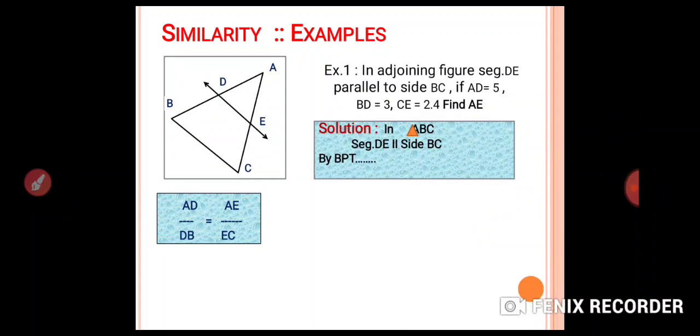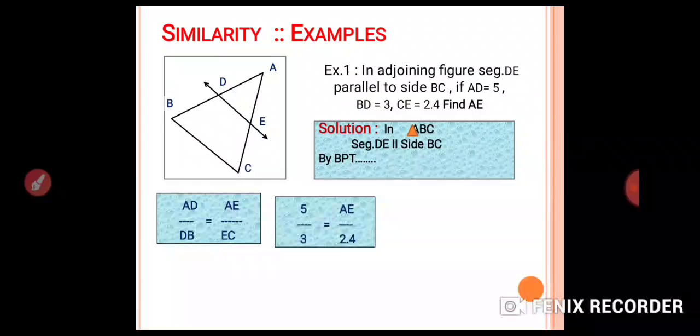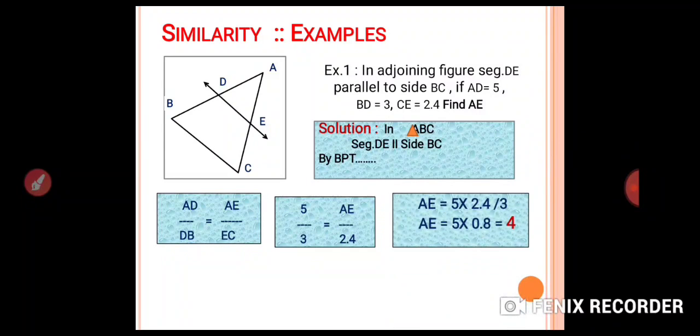We get AD upon DB is equal to AE upon EC. Putting the values, we get 5 upon 3 is equal to AE upon 2.4. By cross multiplication, we get AE is equal to 5 into 2.4 upon 3. So we get AE is equal to 5 into 0.8, that means 4.0. So AE is equal to 4.